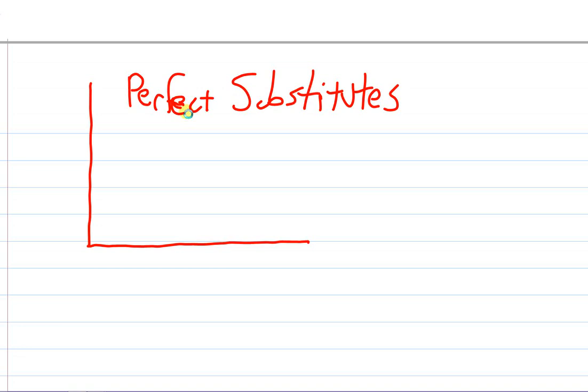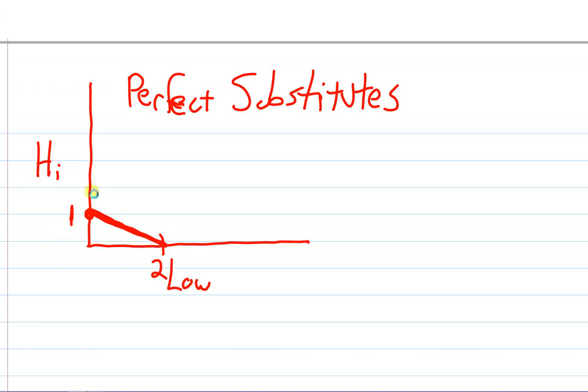We can call those high quality workers over here and low quality workers over here. These two kinds of workers might be perfect substitutes, whereby if you have one high quality, strong, fast worker, you can always substitute them with two slower, weaker workers, at the rate of one fast worker to two slow workers.